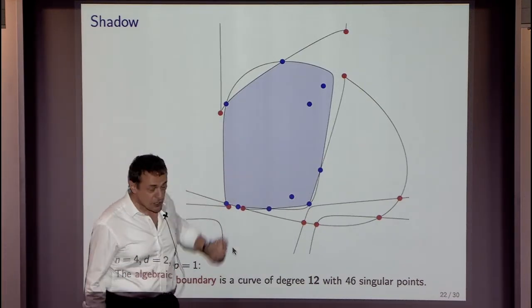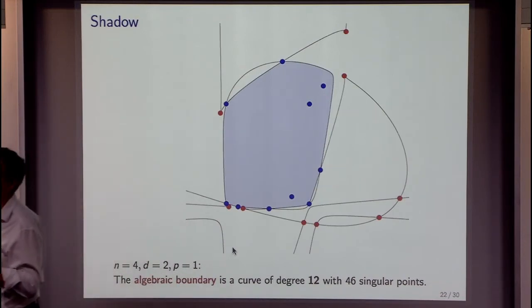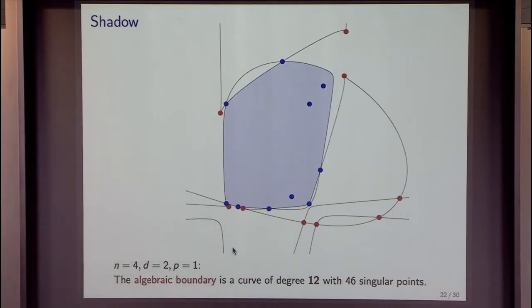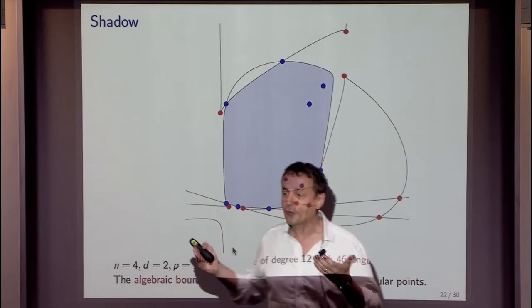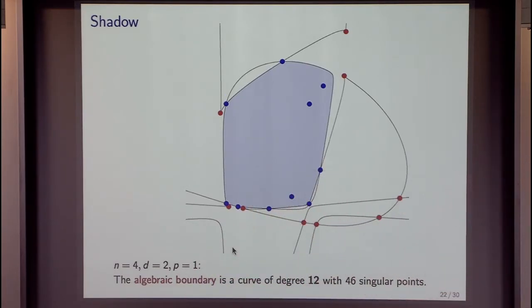But in addition to those 10 blue singular points that come from the projection, there are 36 red points that come just from projecting, right? If you have a curve in 3-space that you get by intersecting a cubic surface and a quartic surface, and you project into the plane, by the degree-genus formula that we often ask our students in the qualifying exam in the math department, there will be 36 red singular points in the plane.